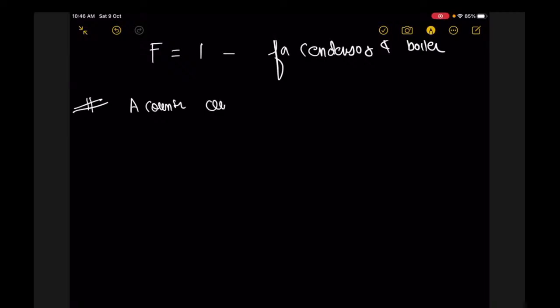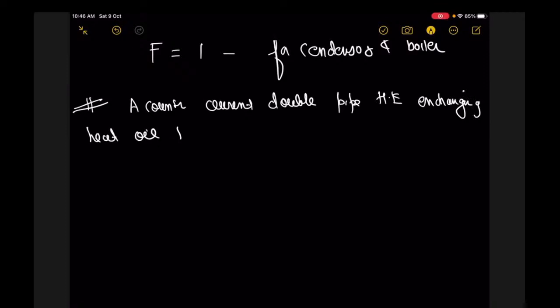A counter current double pipe heat exchanger is exchanging heat from oil to water. Oil enters at 100 degrees centigrade and exits at 70 degrees centigrade.